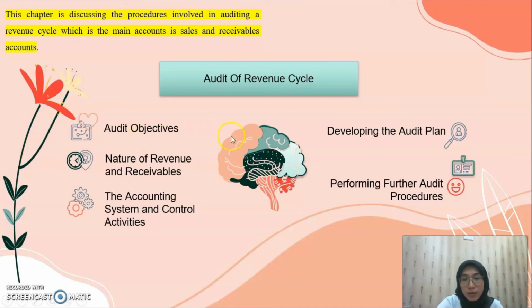To achieve audit objectives, the auditor performs tests of control to determine control risk and adopts the amount of substantive tests. Substantive tests concern the balances, amount of receivable and allowance for bad debt account.